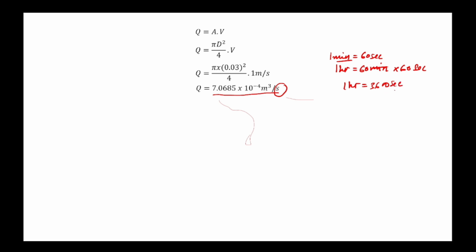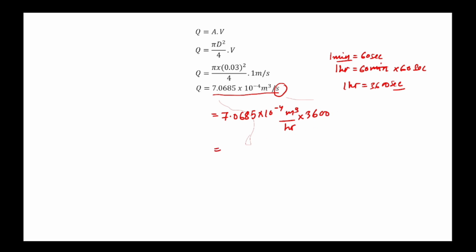So we will replace second by hour, and it will become 7.0685 into 10 to the power minus 4 meter cube per second, replaced with hour into 3600. So this is the final answer.